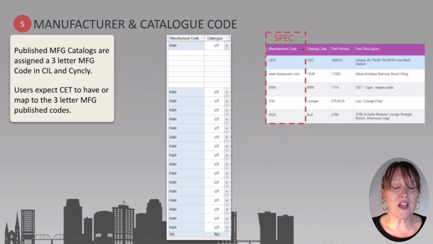Or if they also want to just organize their product by the manufacturer code, the URL code is not helpful. This then requires the user to manually update all of the 3-letter codes or use the find and replace text option.